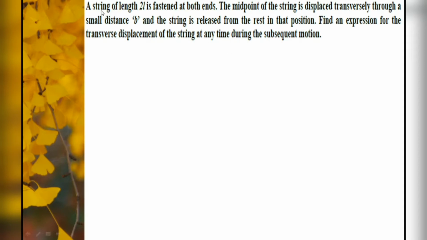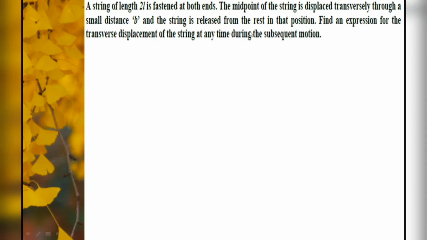It is given a string of length 2L is fastened at both ends. So the length of the string is 2L and the two ends are fixed. The midpoint of the string is displaced transversely through a small distance b, and the string is released from rest in that position.